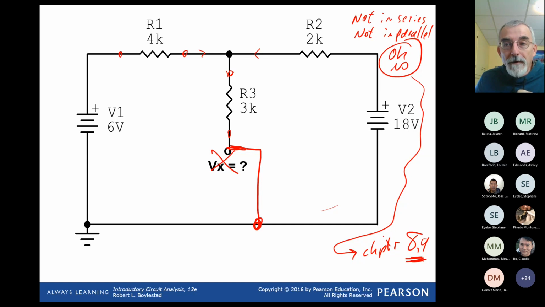Right now, we are getting comfortable with series, parallel, and series parallel combinations. But regrettably, there are those circuits that are not in series and not in parallel. This is one of them, and I will be starting with this circuit when we get to chapter 8.